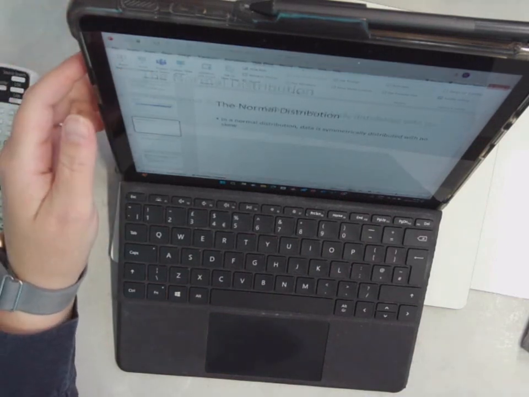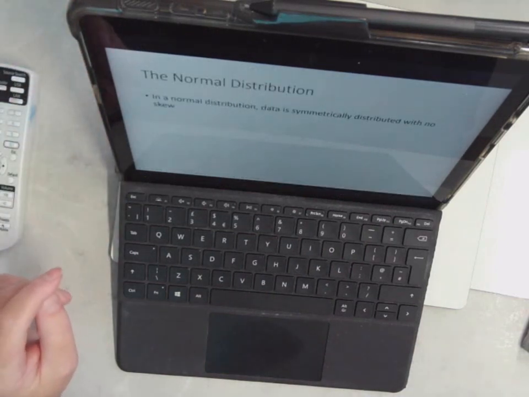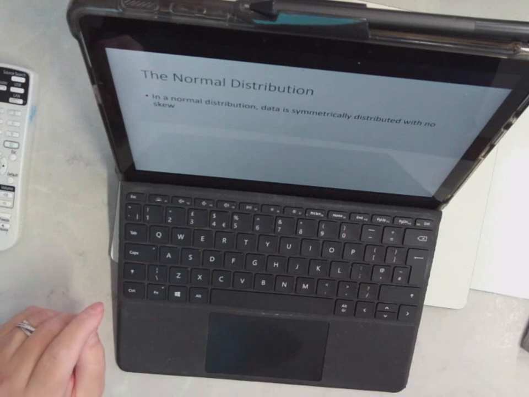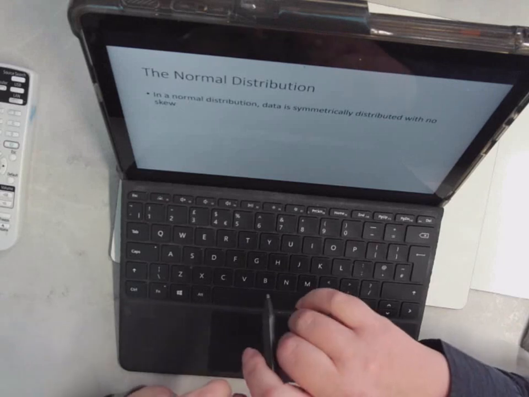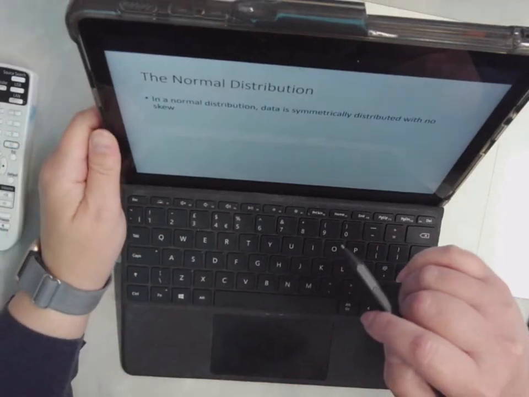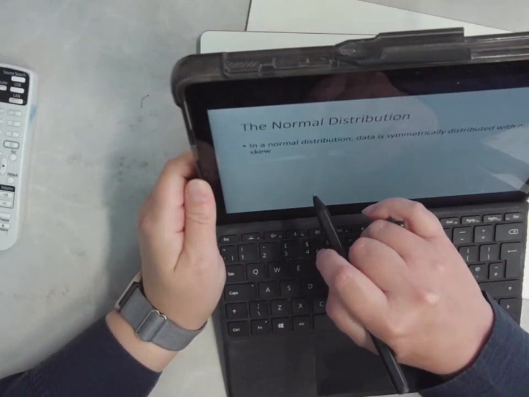Okay, people, the normal distribution. Right, so it's data that is symmetrically distributed with no skew.